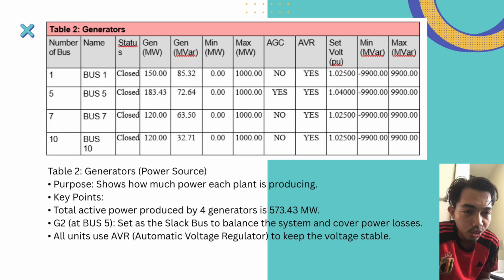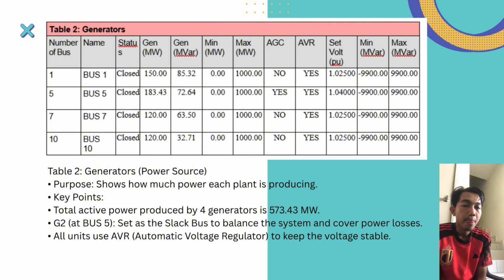Slide 2 shows table 2, generators data. The purpose of the table is to show how much power each plant is producing. The key point is the total active power produced by the 4 generators is 573.43 megawatts.